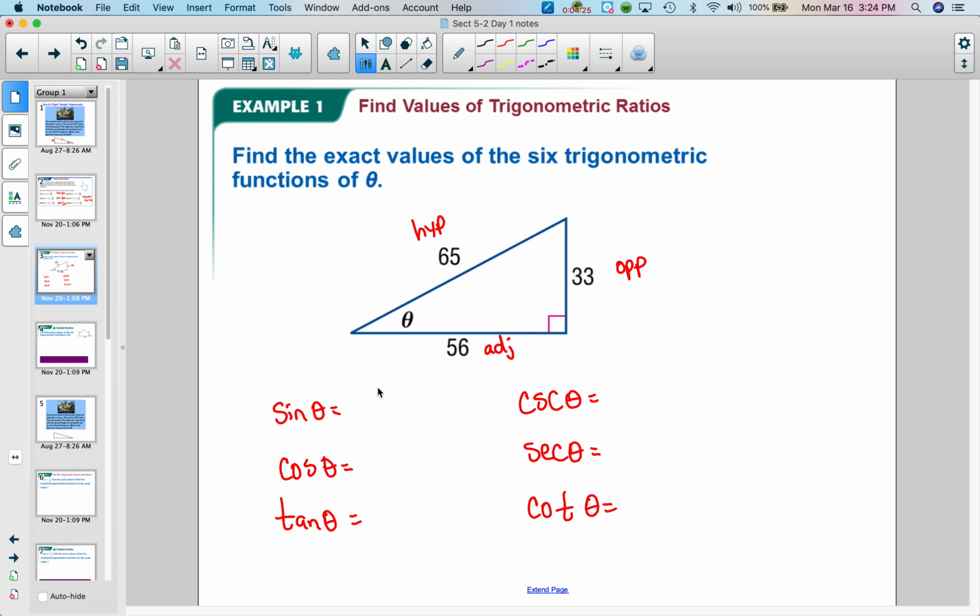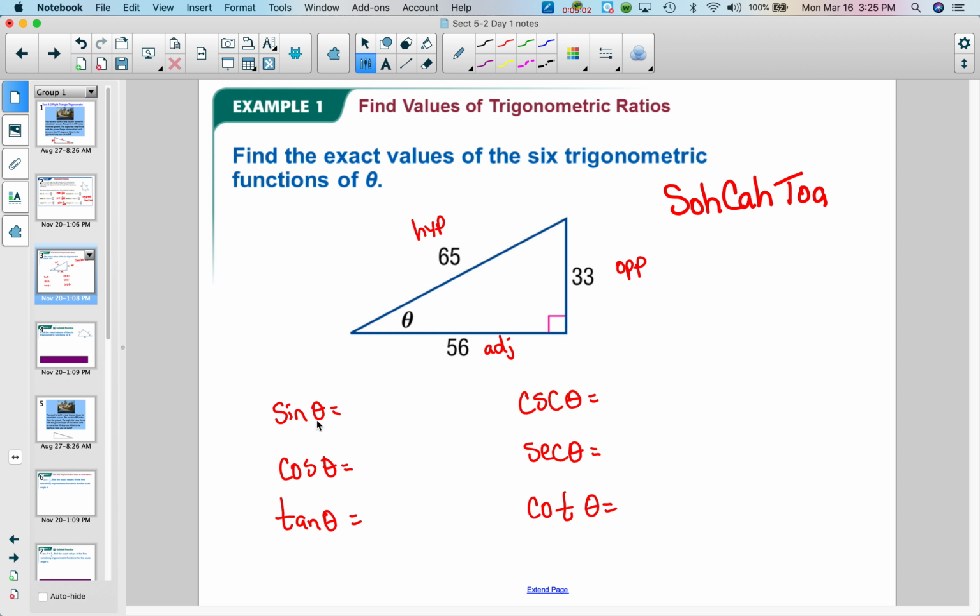So sine is opposite over, by the way, let me talk about Sohcahtoa. Opposite over hypotenuse, adjacent over hypotenuse, opposite over adjacent. So that's just a little way to help you remember the trig functions.